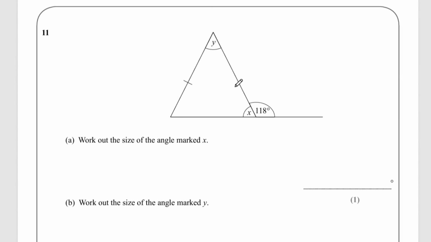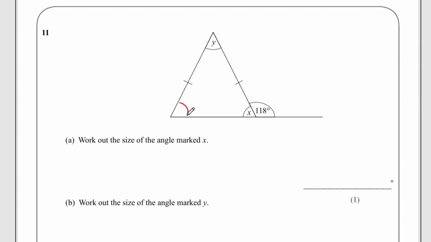Find the size of the angle marked X. Now, this is an isosceles triangle. And one thing you have to know about isosceles triangles is that the base angles and the base sides are equal. So if that is X, this is also X. So how do you get X? Remember that these two form a straight line. Sum of angles on a straight line is 180. So how do I get X?